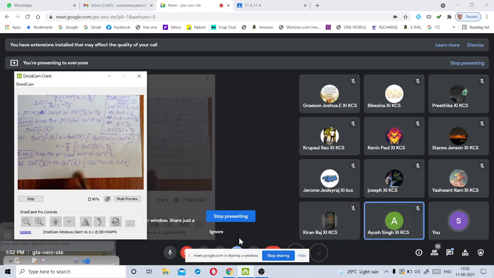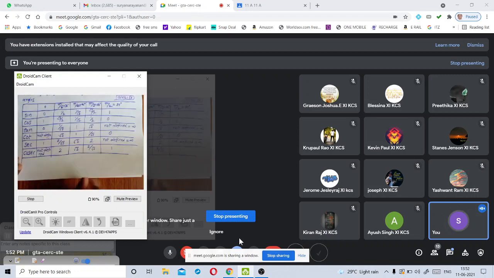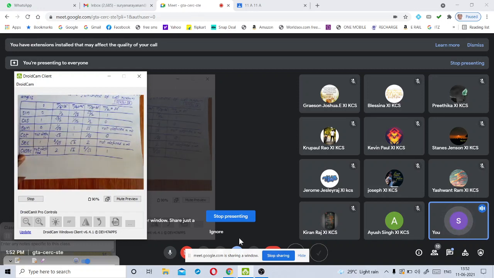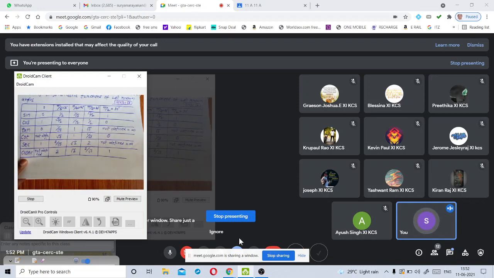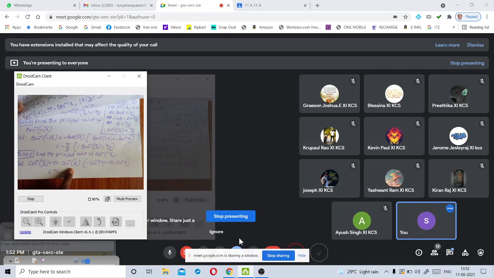Yes, sir. Now, pi minus, what is the value of cos inverse of 1 by 2? By observing the table, can you tell me, Ayush Singh, the value of cos inverse of 1 by 2? What is the value to be found here?